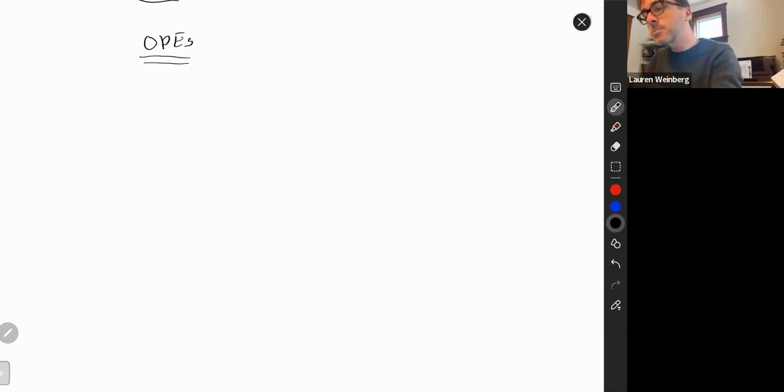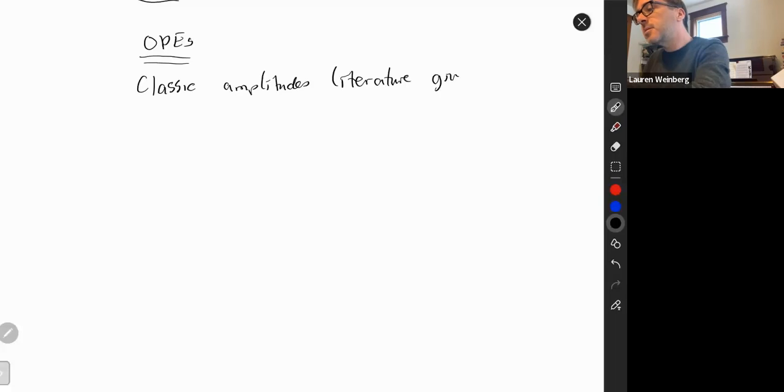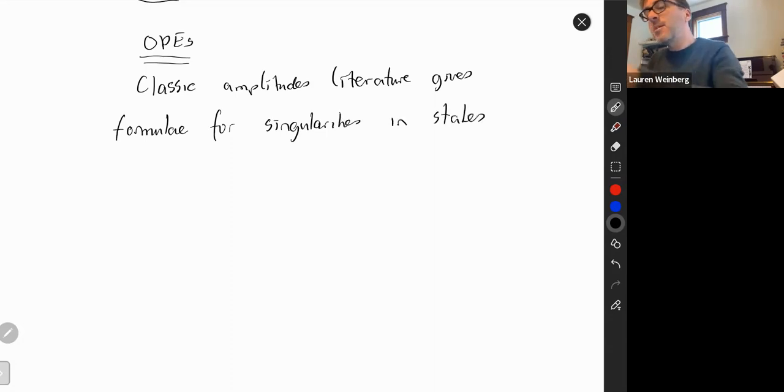So the classic amplitudes literature gives formulae for singularities in states when I take two states of momentum P1, P2 such that their inner product goes to 0.